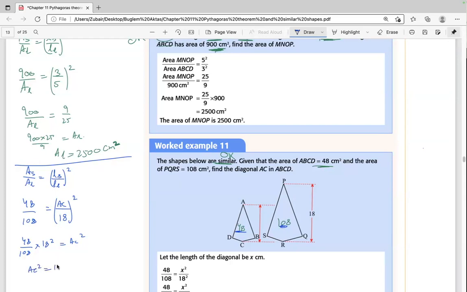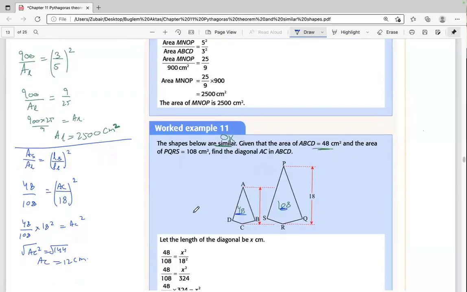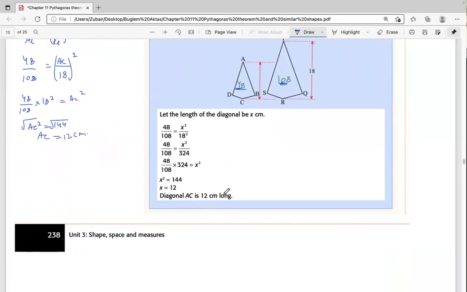So AC squared is 144, and then square root both sides. AC is equal to 12 centimeters. 12 centimeters long.